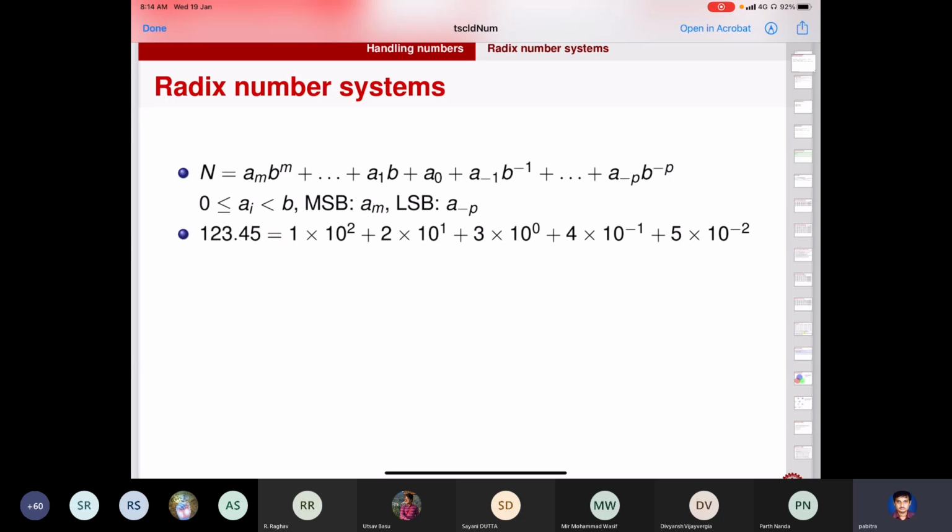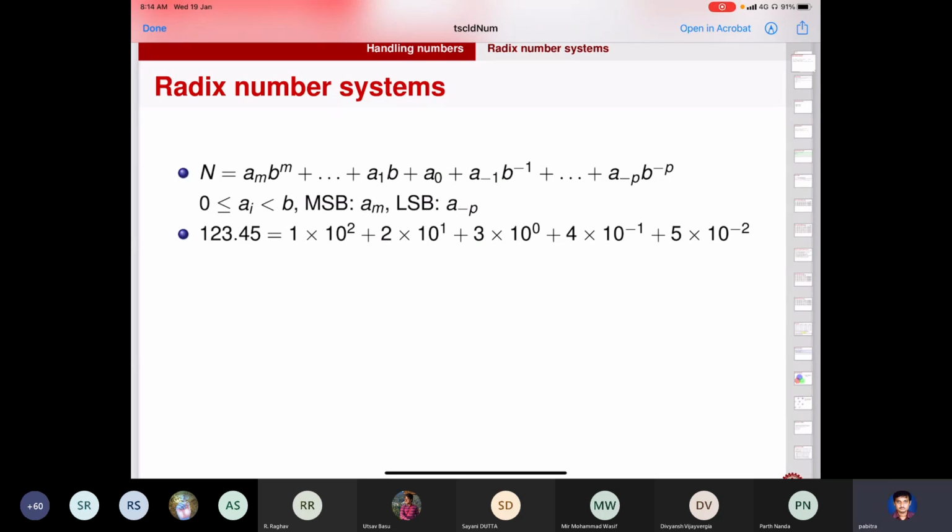Each digit is the value by which you should multiply the weight of that position. So if we write it, it looks like this: a_m times b to the power m, plus a_(m-1) times b to the power (m-1), and so on, plus a_1 times b, plus a_0, plus a_(-1) times b to the power minus 1 for the fractional part, up to a_(-t) times b to the power minus t.